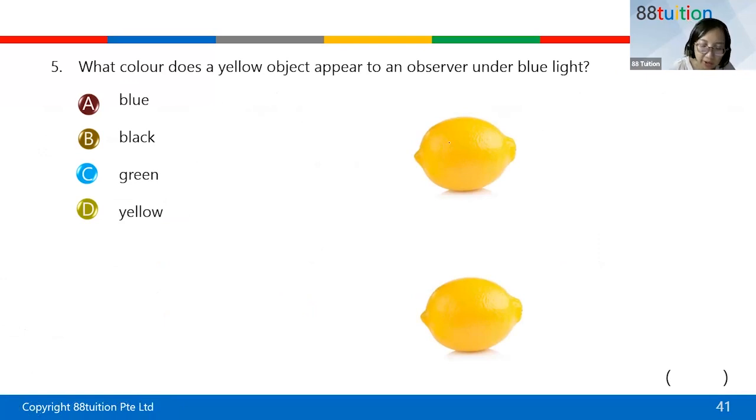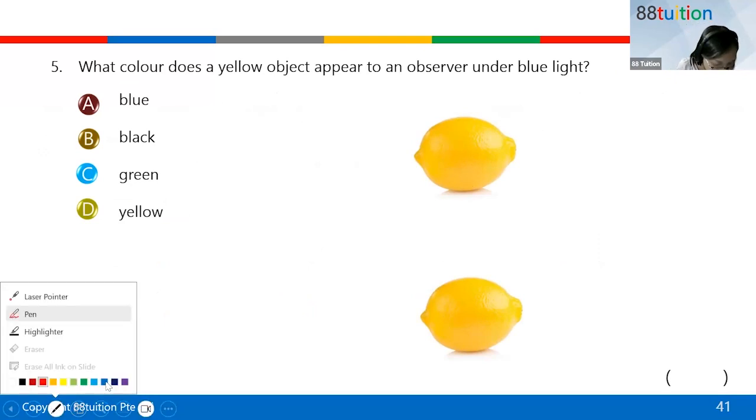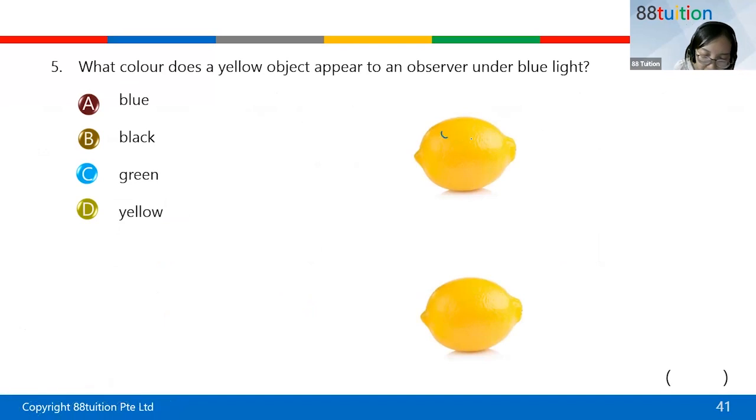Okay, now first of all, I have a yellow object. The reason why my eye sees it as yellow is because it only reflects what light? Can you type into the chat? Yellow object reflects what light into my eyes?